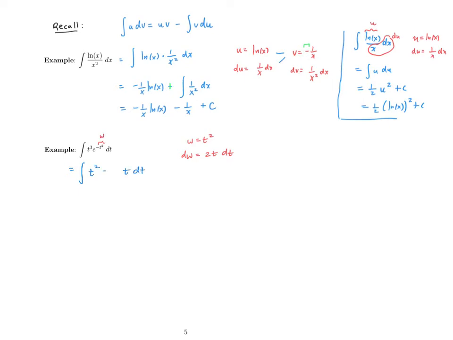And then we have e to the minus t squared. So in terms of w's, the t dt is 1/2 dw. The t squared inside our exponential is a w, and the t squared in front of the exponential is a w. And with that in mind, I think you are in a perfect position to finish up this problem. So go ahead, pause your video, make the substitution, evaluate the integral.